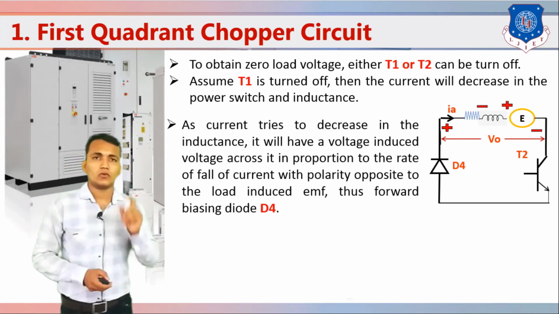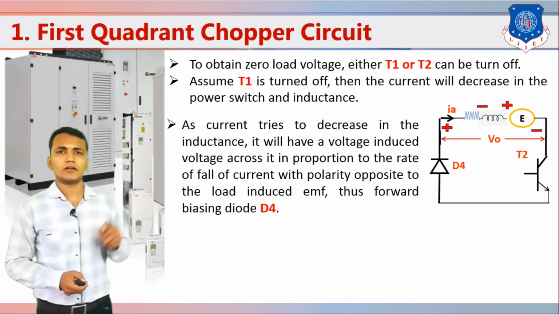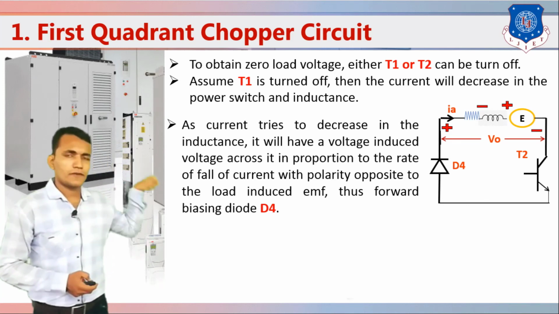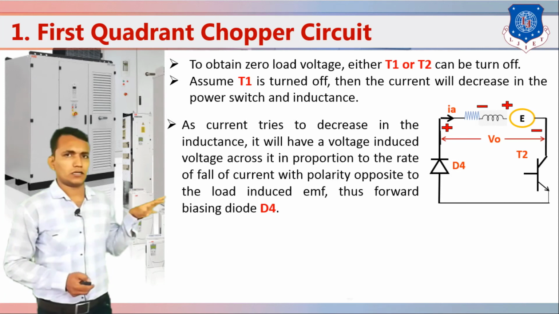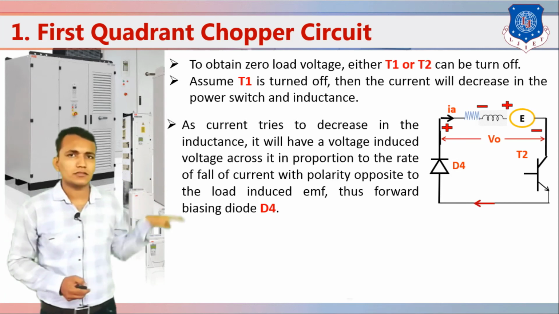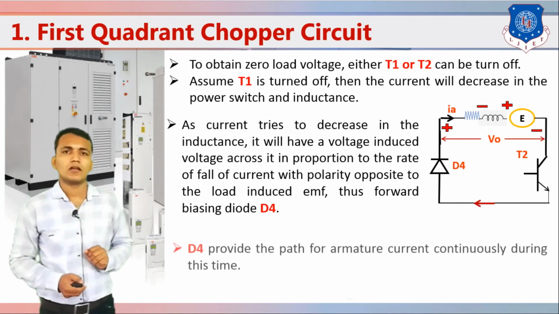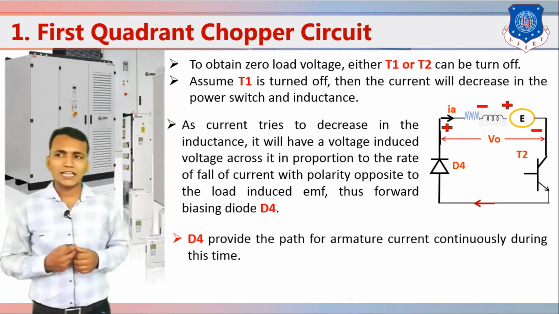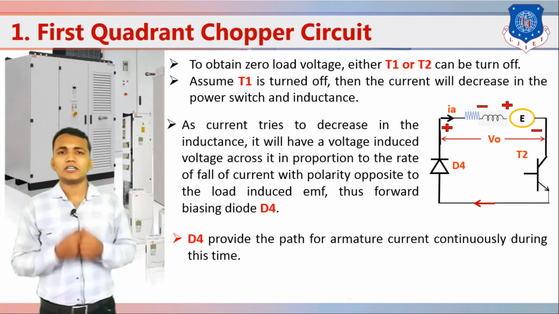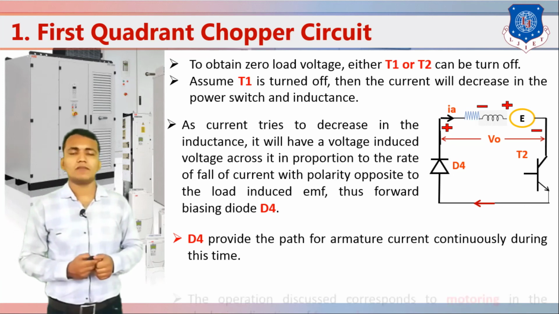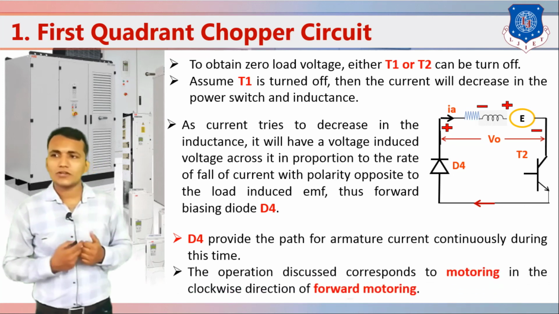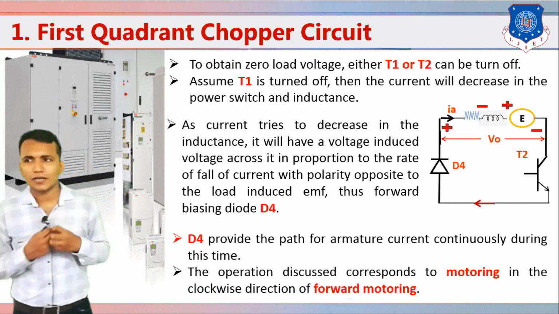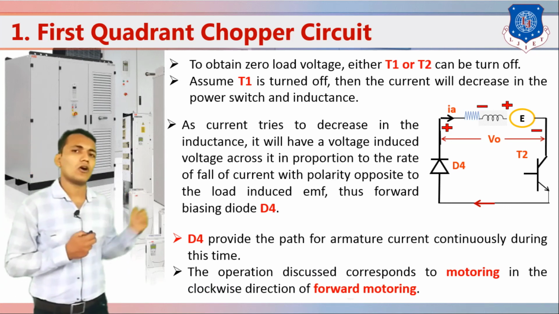So at that time the power stored by the inductor is released through diode D4. We can say that D4 provides the path for armature current continuously during this time, and the operation discussed here is motoring in the clockwise direction, forward motoring.